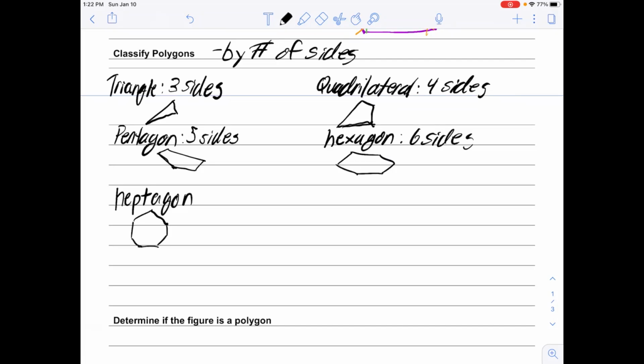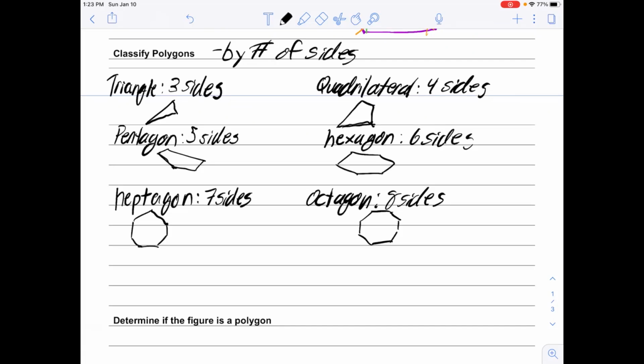And that's how we often draw a heptagon, which has seven sides. And then we have an octagon, which is the name of a shape that has eight sides. Octagons are also the shape of a stop sign. So here's our octagon.